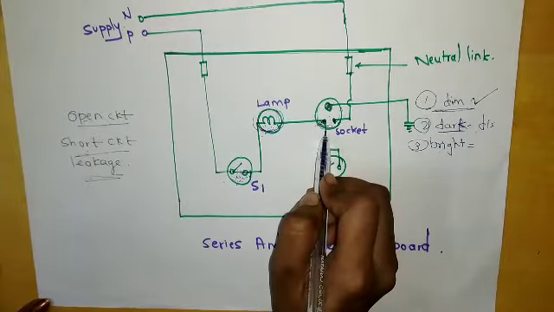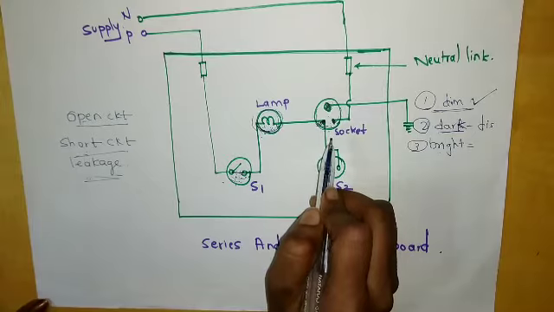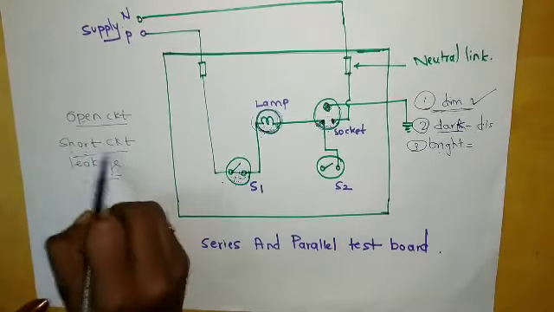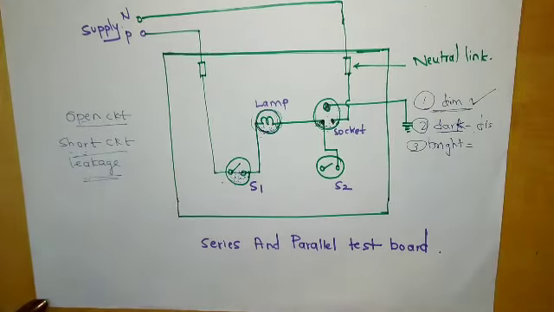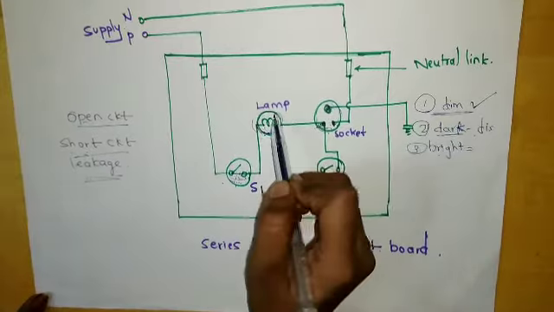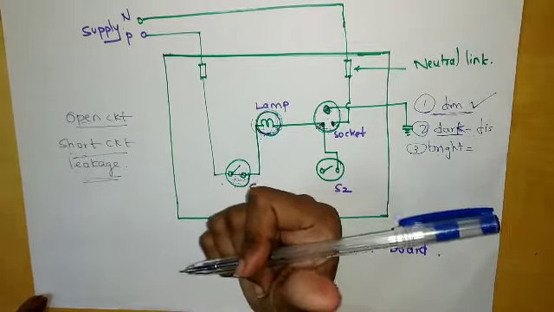Which fault is there? That means it is a discontinuity fault, an open or broken circuit fault. First we saw, if the lamp is dim, our appliance is okay.